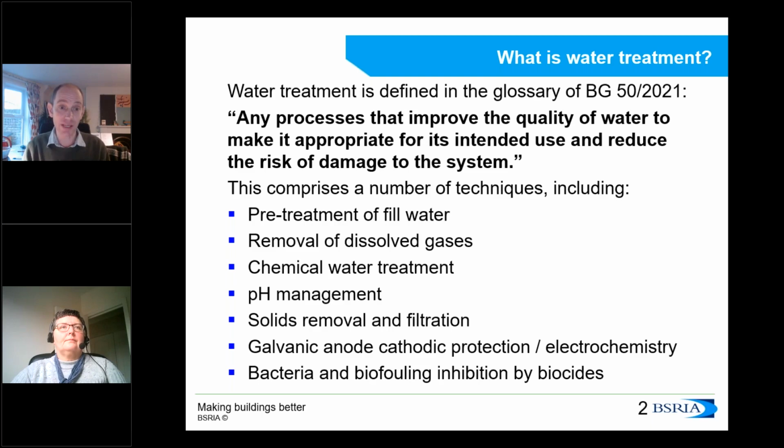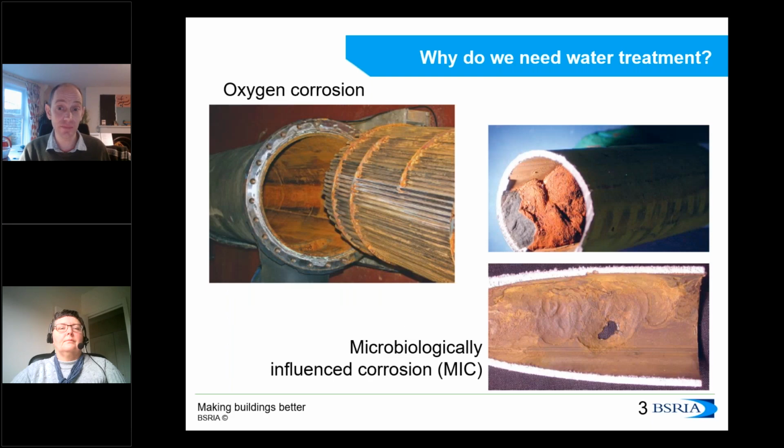In this context, we're talking specifically about closed systems. So we're talking about any of these technologies that can be used to make sure that we don't get problems like corrosion in closed systems. As we go through, I'll talk a little bit more about each of these techniques that can be used for water treatment in closed systems.